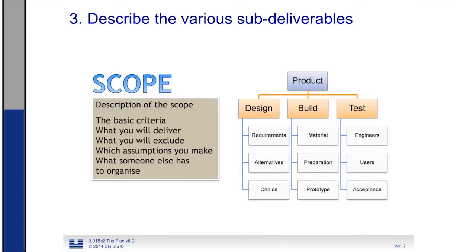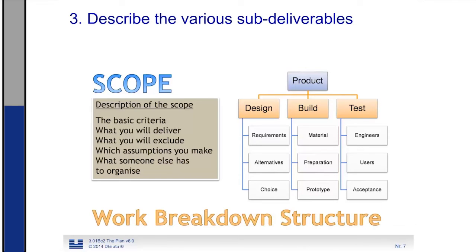And if it is necessary, you even break these further down to a manageable detail. This tree structure is called the work breakdown structure. It gives us an overview of all the sub-deliverables that we really are going to provide in the project. The work breakdown structure is the foundation on which we schedule and on which we do our cost estimates.